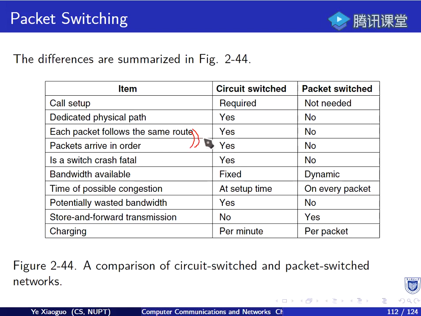So this is circuit switching, it's better. Okay. Is a switch crash fatal? That means in circuit switching, there are key switches. So if a switch crashed, then the network will be split. It is a disadvantage.